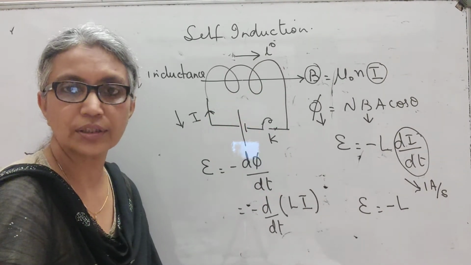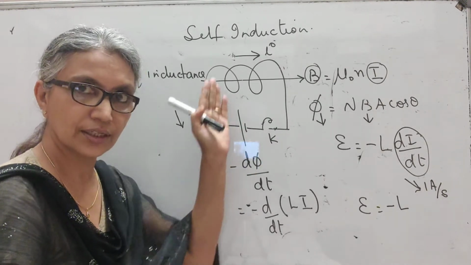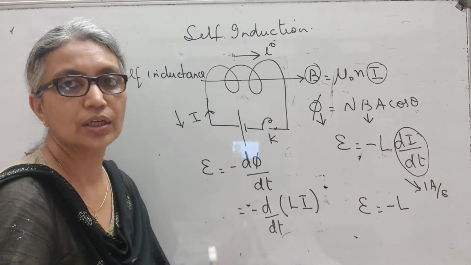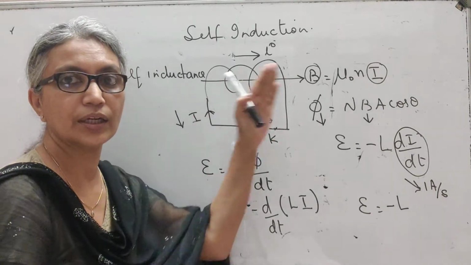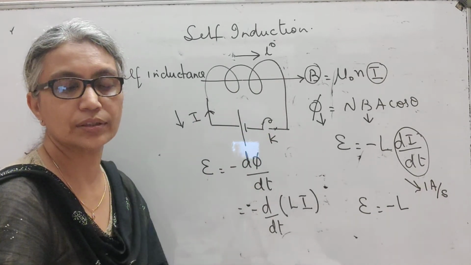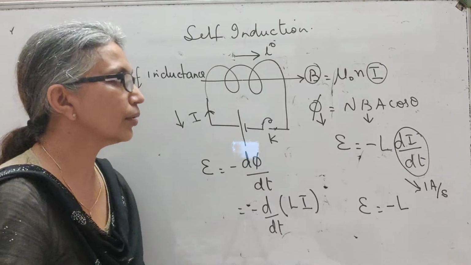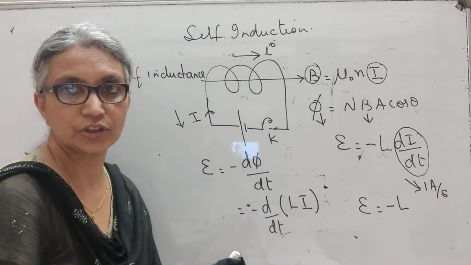So when the key is switched on, as the current is increasing, the induced current will flow in an opposite direction. If the current is decreasing, the induced current will flow in the same direction as the main current, so that the flux will increase. That is why self-induction is a phenomenon known as the inertia of electricity.